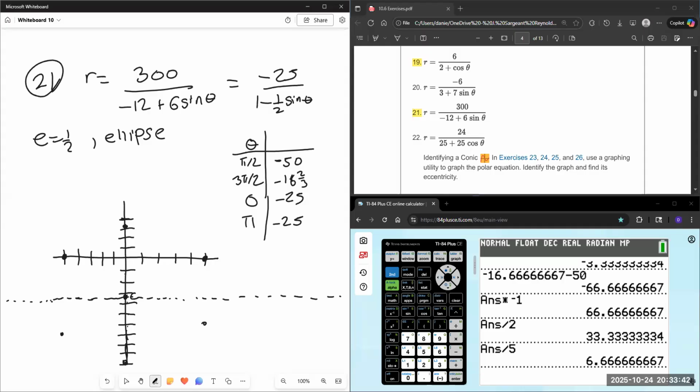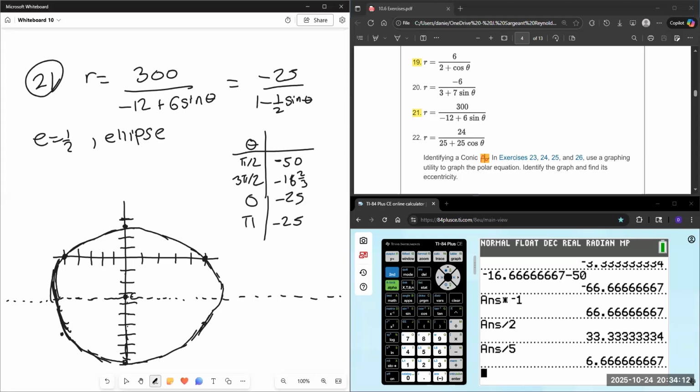Okay. So this is really crazy looking, but it's not really doing a great job with this, sorry.